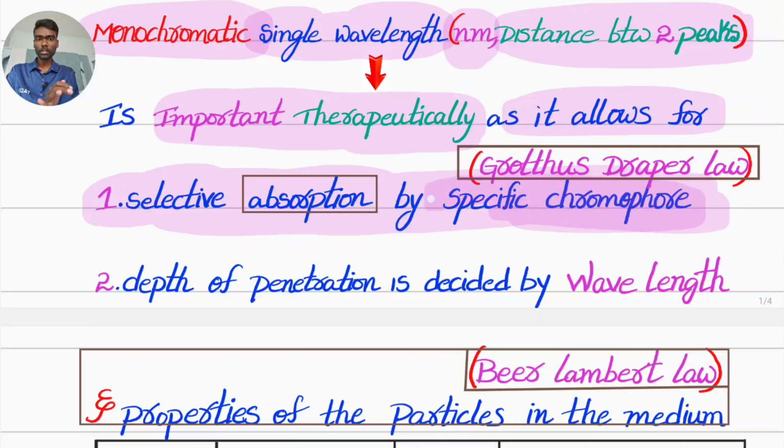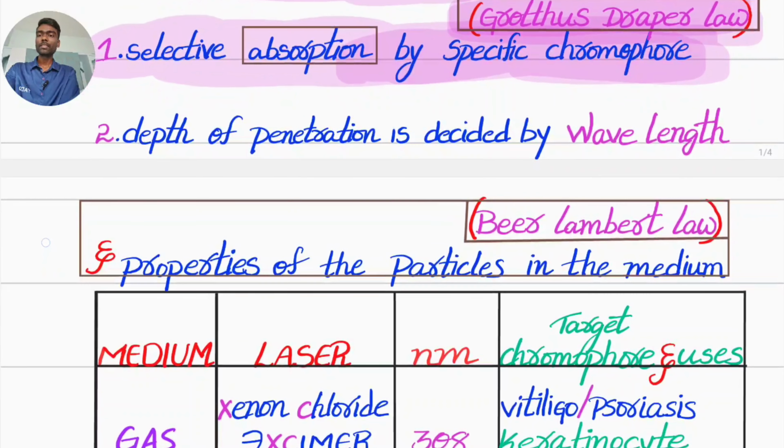What does the Grotthuss-Draper law say? For any laser to function properly, it first has to get absorbed by the selected target. That is nothing but Grotthuss' law. To get absorbed, laser light has to go through the substance of the target. Next, wavelength decides the depth of penetration.